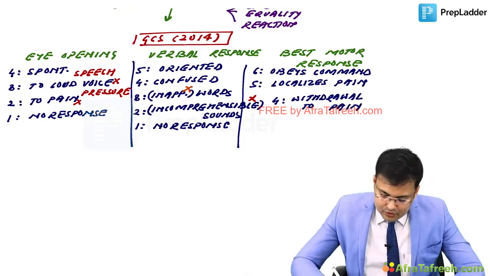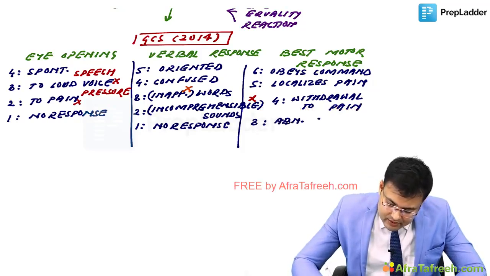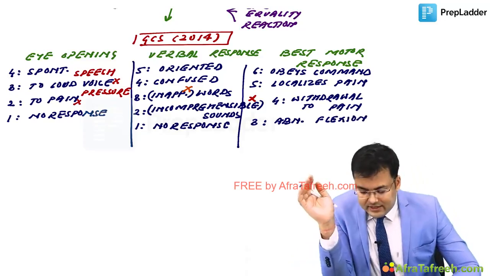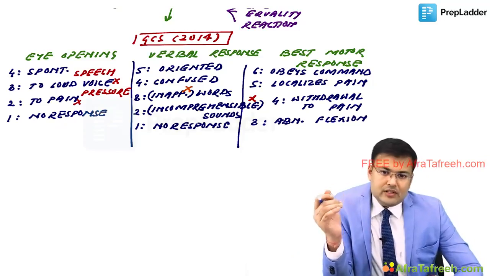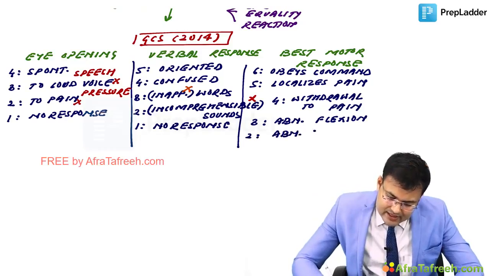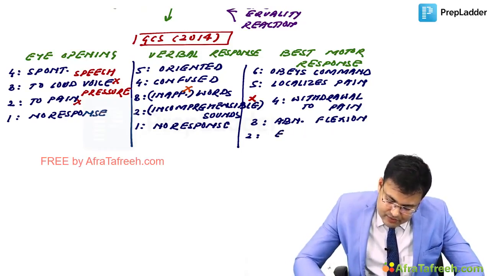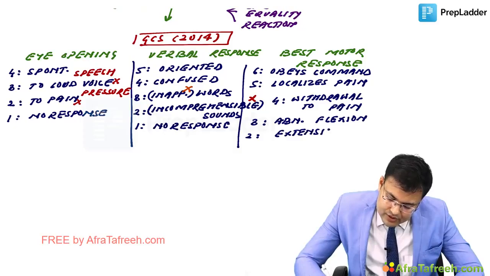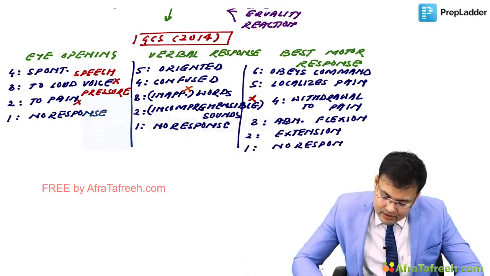Clear? If the score is 3, there is abnormal flexion. According to the previous GCS, abnormal flexion posturing was mentioned, but according to the 2014 updated GCS, only abnormal flexion. If the score is 2, here abnormal extension, so extension posture. And if the score is 1, there is no response.